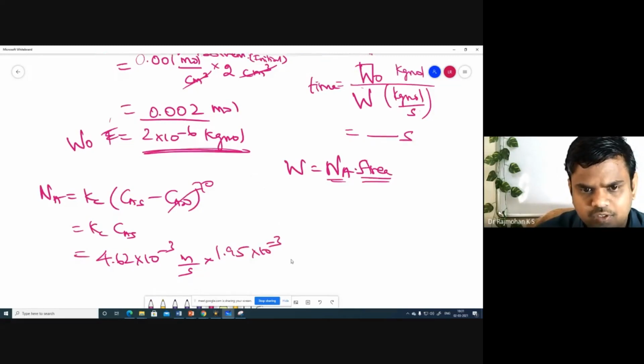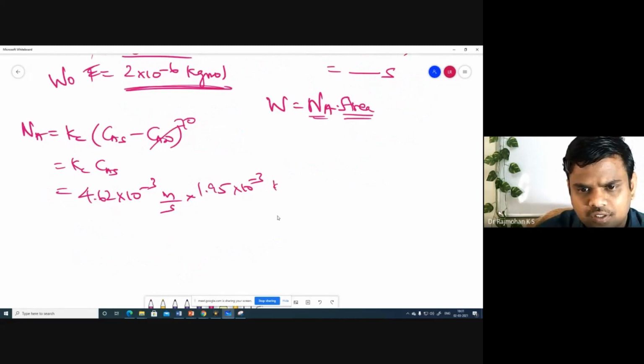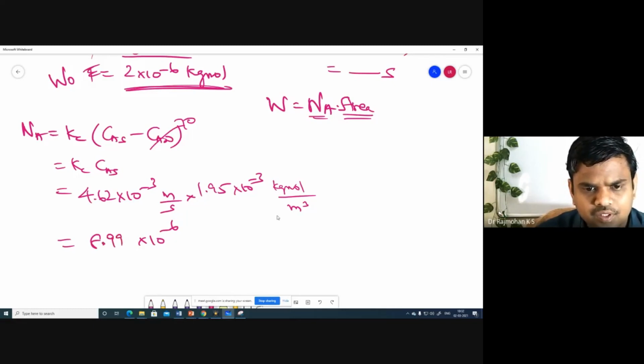What is the unit for concentration? Kg mole per meter cube. So we get NA equal to 4.62 into 10 power minus 3 into 1.95 into 10 power minus 3. Totally we have 10 power minus 6. You will get around 8.99 kg mole per meter square second.